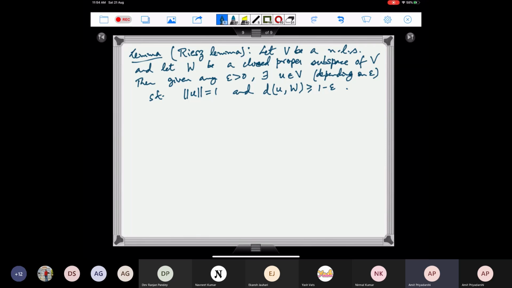So you see that this says that actually you can get a sequence such that the distance between U and W actually goes to 0, right? Because this you can make bigger than or equal to any number smaller than 1.